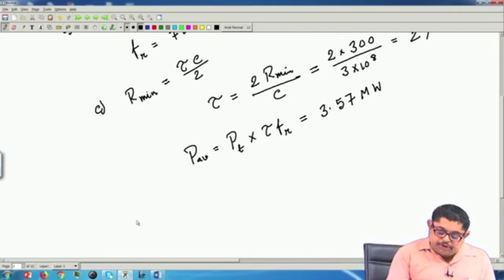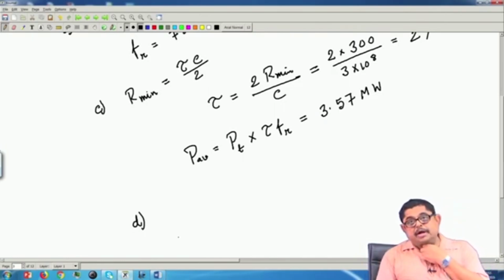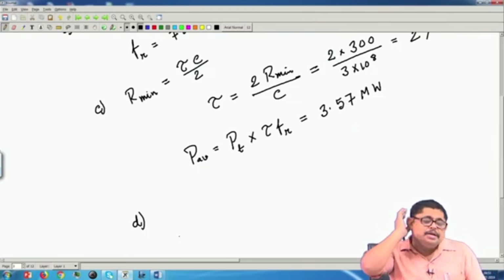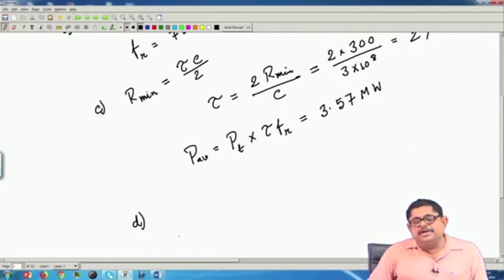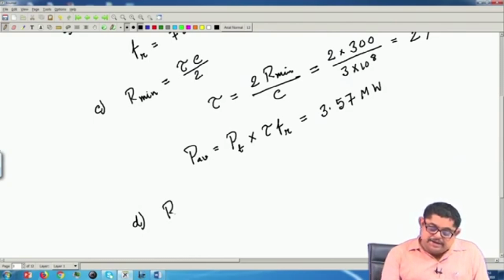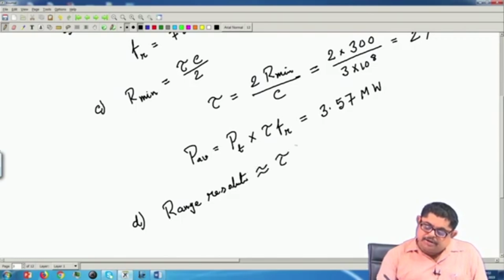Okay. Now, the next part is part D, what is the range resolution. Roughly we said that range resolution is equal to the pulse width. Later we will see that it is not the pulse width, it is a fraction of the pulse width, but for the time being we can say that range resolution is approximately the pulse width.